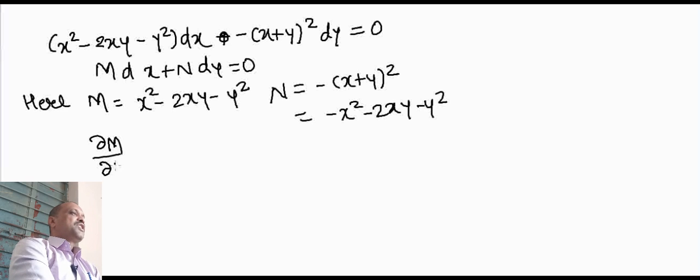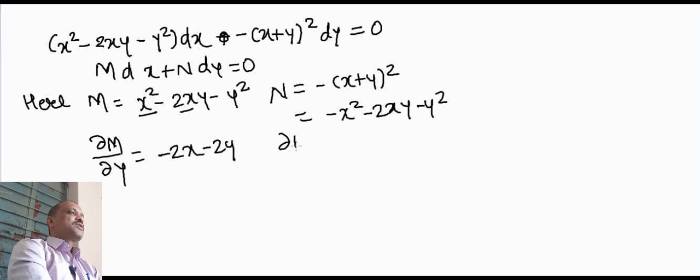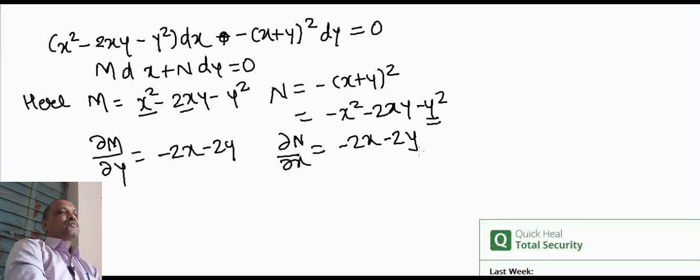Let us check the condition of exactness. ∂M/∂y: x square is constant, so minus 2x and minus 2y. ∂N/∂x equals minus 2x, y square is constant so its derivative is 0, and minus 2y: minus 2x minus 2y.